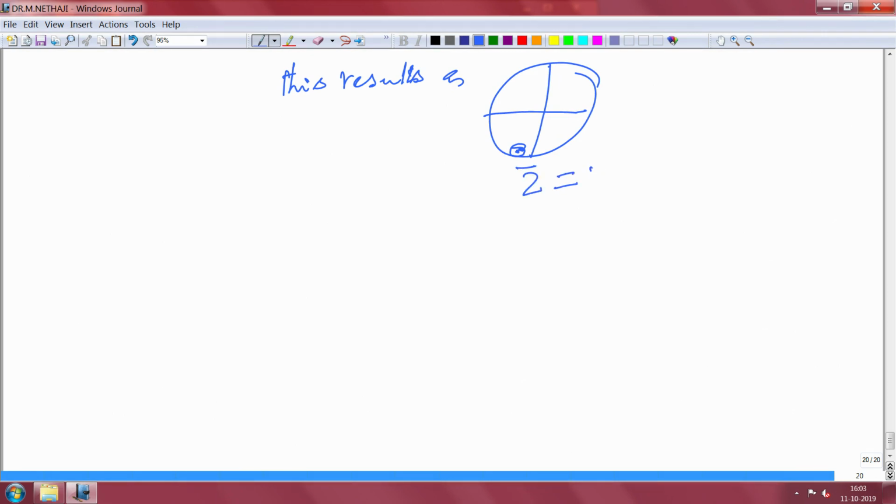So, this is equal to m. So, the point group is 2 bar, which is equal to m.